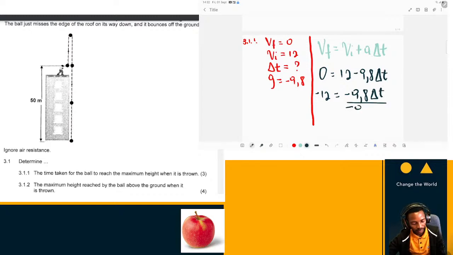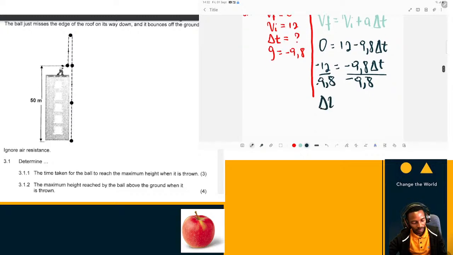So if we divide by 9.8 both sides, the time taken will be minus 12 over minus 9.8, which will be 1.22 seconds.